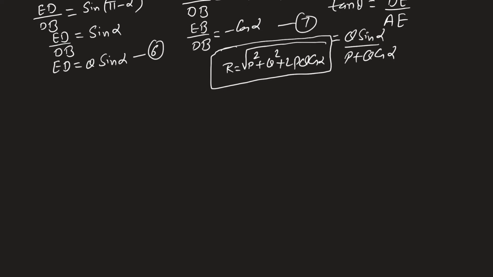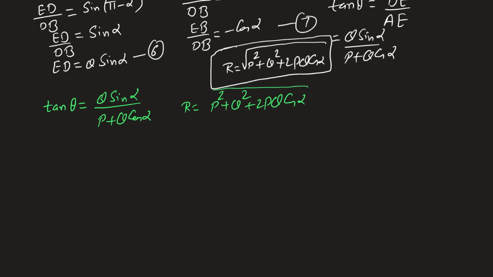So for discussing the special cases, I am writing again the formula: tan theta is equal to Q sin alpha divided by P plus Q cos alpha, and R is equal to the square root of P square plus Q square plus 2PQ cos alpha, where you know the general interpretation.